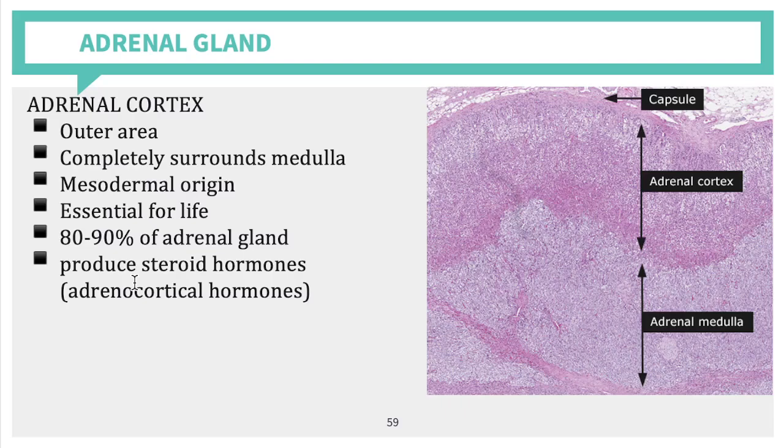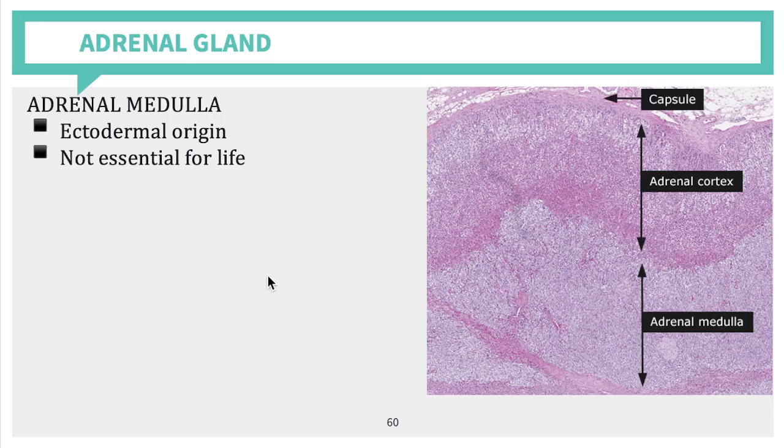That's the reason it is essential for life, because of the different hormones produced by your adrenal cortex. We will discuss later. How about your adrenal medulla? Your adrenal medulla, this portion here, is ectodermal in origin and is not essential for life, basically referring to the hormones being produced.